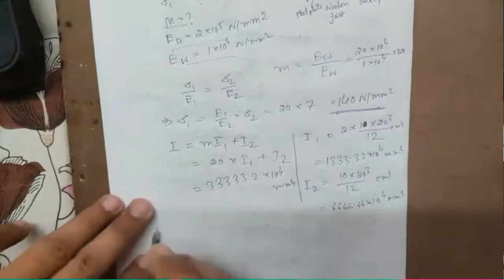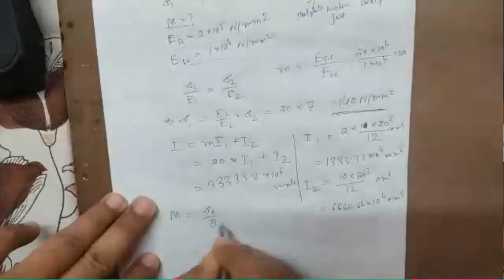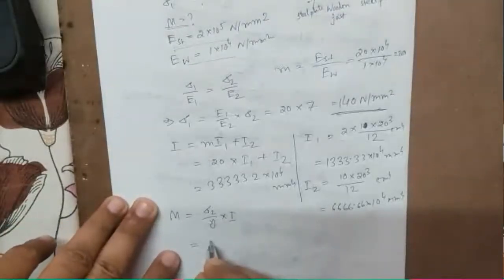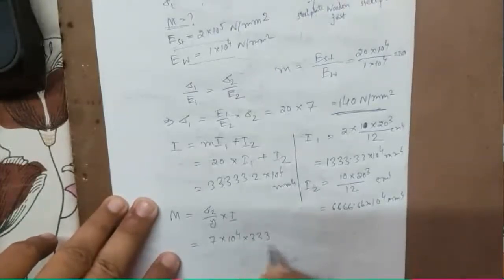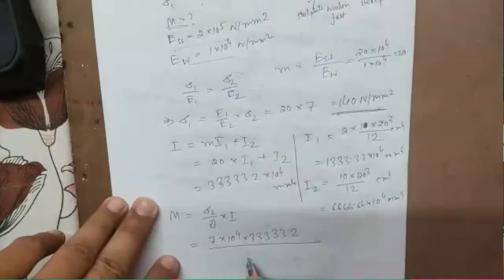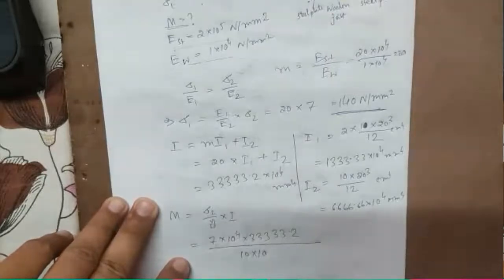However, now you have the formula m equal to sigma 2 by y into I. Sigma 2 we know is 7 into 7, and I is 10 to the power 4 into this much by y is equal to d by 2. So 20 by 2, 10 into converted into millimeter, as we have all converted into millimeter.